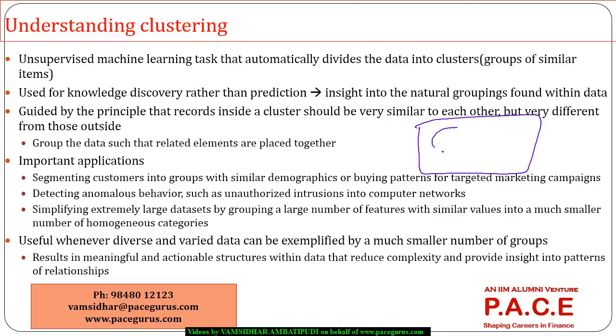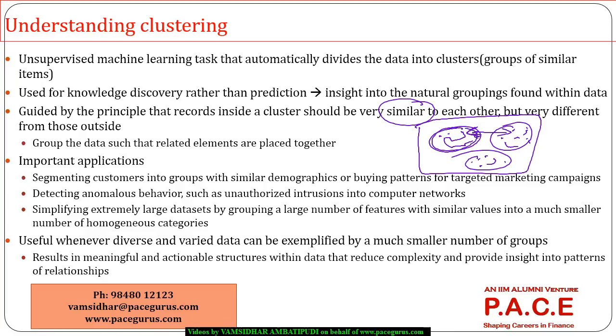Now I'm talking about one cluster, two clusters, three clusters. The examples within the cluster should all be very much similar in many aspects, whereas the elements between the clusters should be very much different from each other.